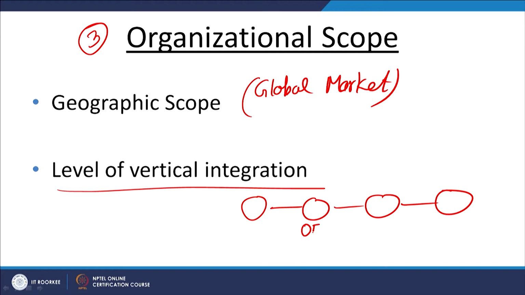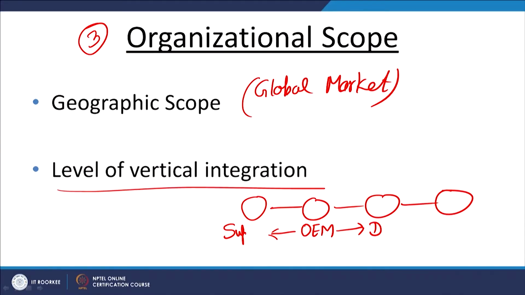If I am at this position, I am an original equipment manufacturer. So, I can go for distribution of my product, or I can also go for developing the facilities for making sub assemblies for my own product. So, I can become a supplier for my own organization, or I may become a customer of my own organization.